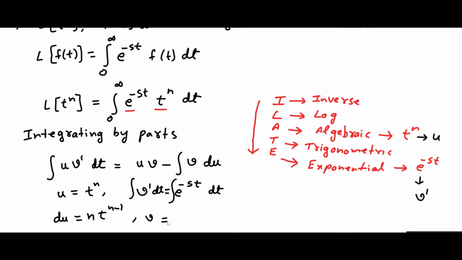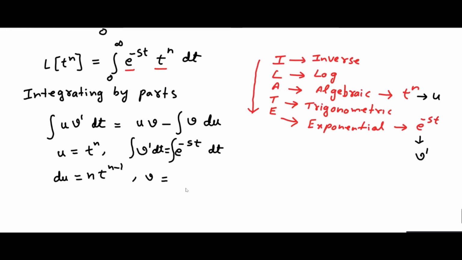So the integral of v dash will be v, which is equal to the integration of e power of minus st, which will be e power of minus st divided by the coefficient of t, which is minus s. So we'll get e power of minus st divided by minus s.